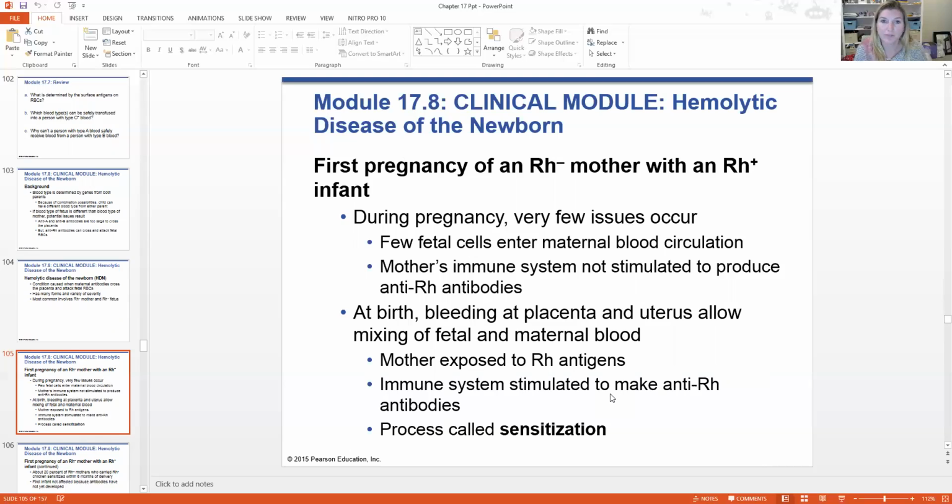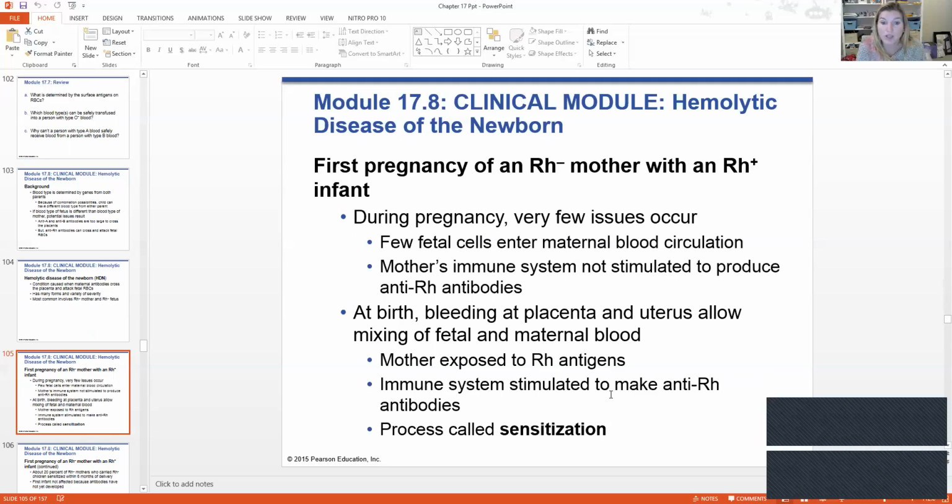You would never have been exposed to Rh positive blood. So very few cells enter or are exchanged during the actual pregnancy. So the immune system actually isn't triggered to build those anti-Rh antibodies yet. You have to be exposed to the Rh antigens in order to develop the antibodies. So an Rh negative mother doesn't have those natural antibodies. As we said, you're not born with them.